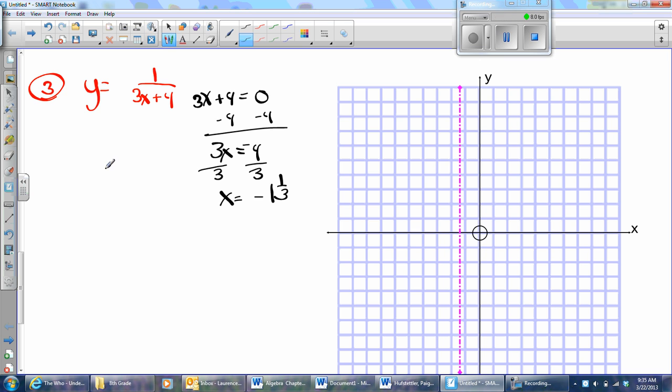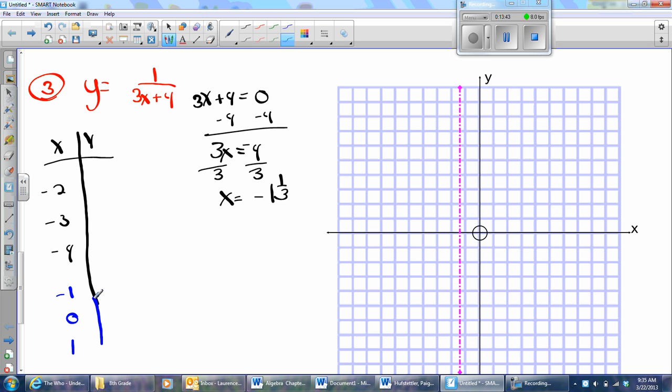All right, so I'm going to do x and y, and I'm going to pick, say, 3 numbers to the left of my asymptote, which looks like I'm going to want to do -2, -3, and -4. And then I'm going to pick 3 numbers to the right of my asymptote, which looks like I can go with, say, -1, 0, and 1.